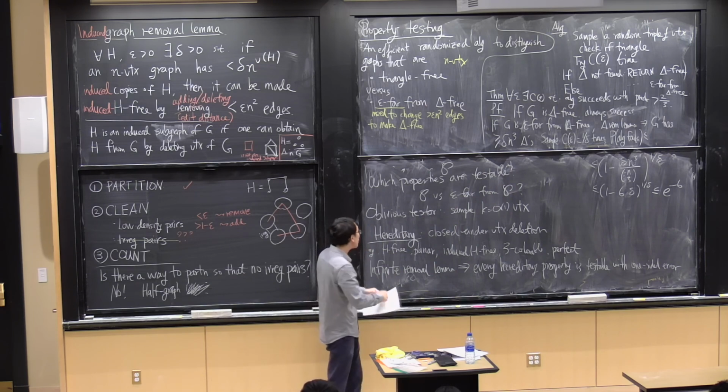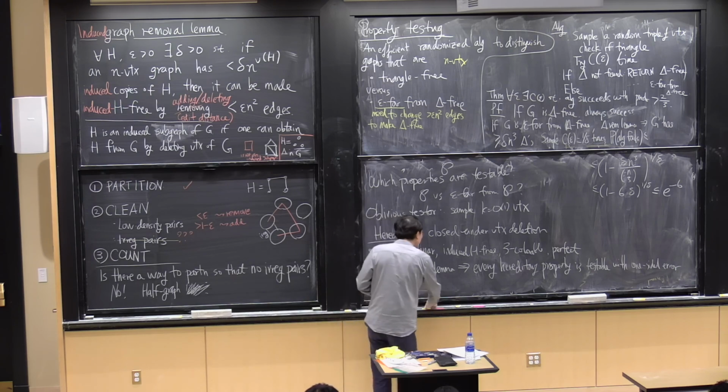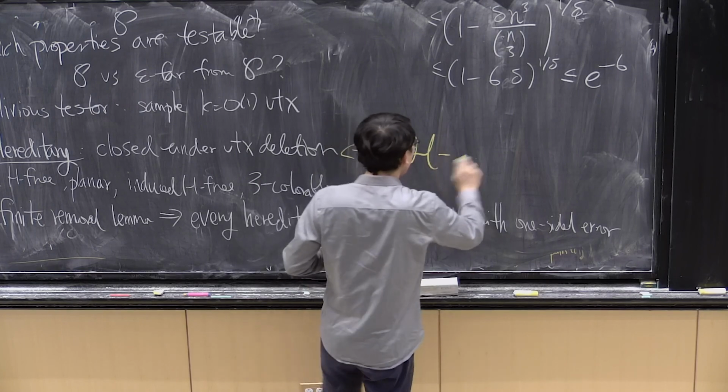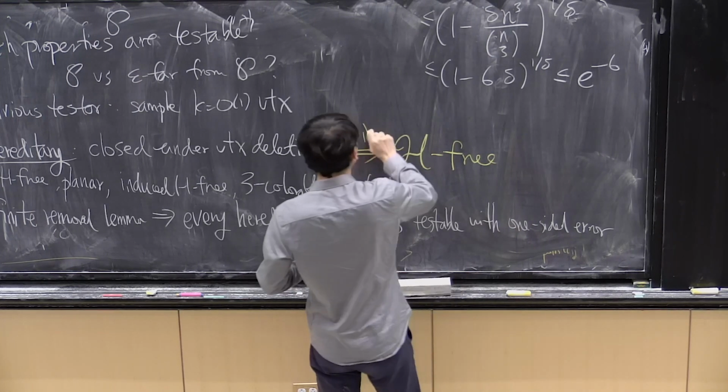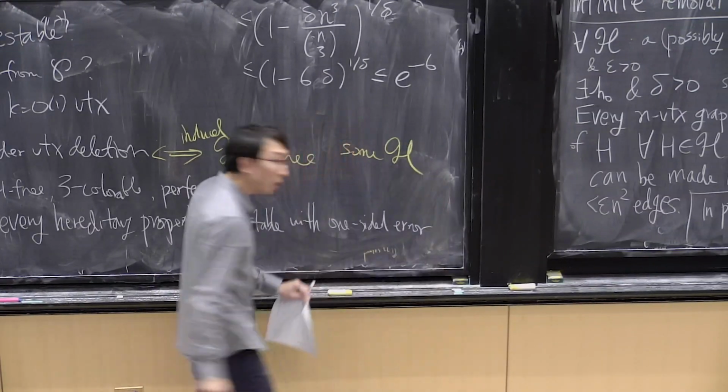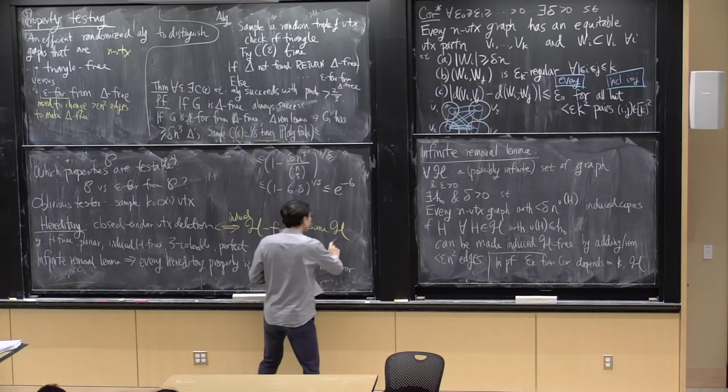And the reason is that you can characterize a hereditary property by induced curly H-free for some curly H. Namely, you're putting everything into curly H that does not have this property.